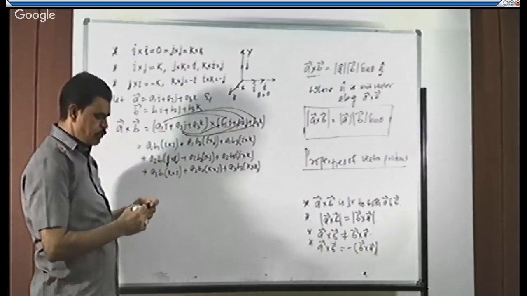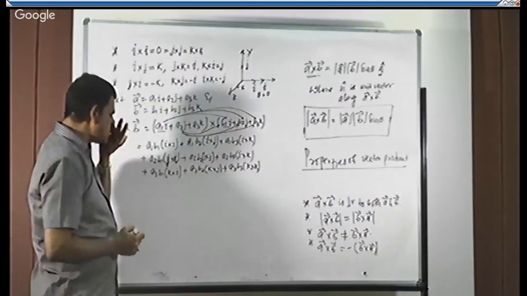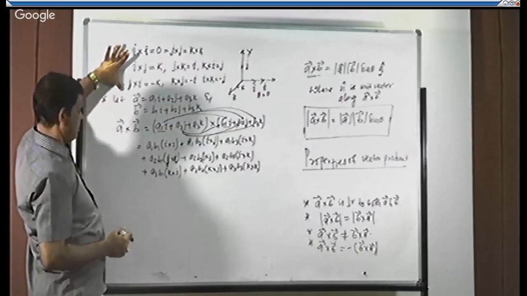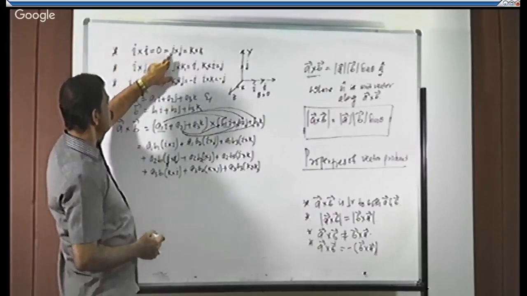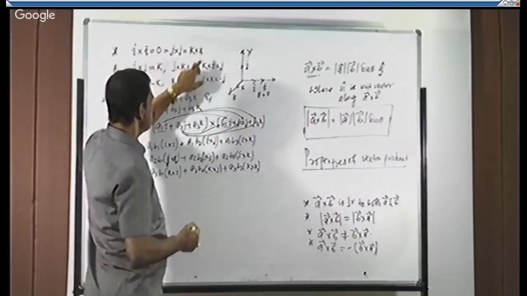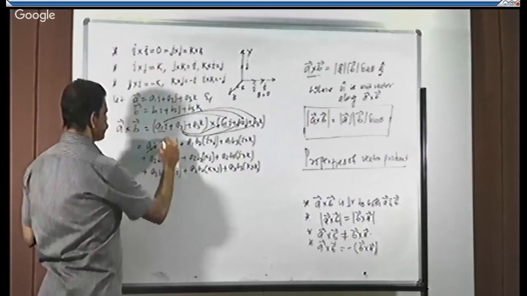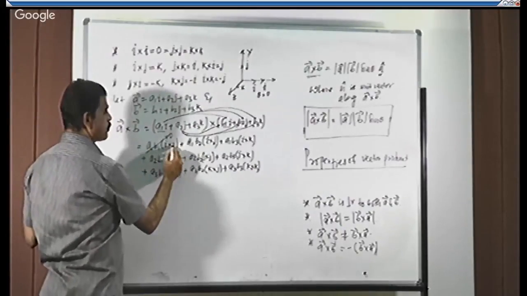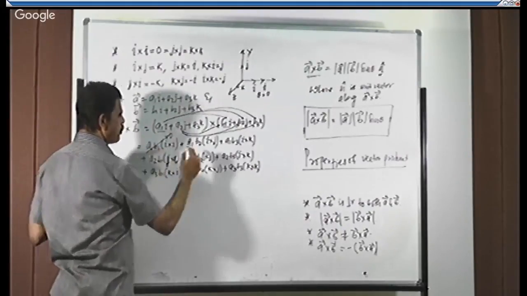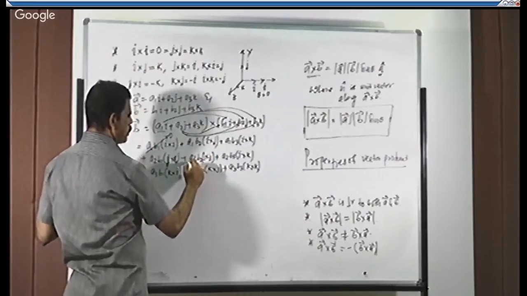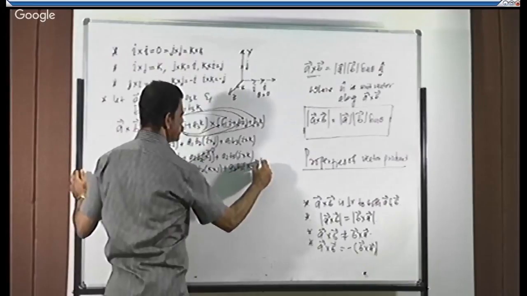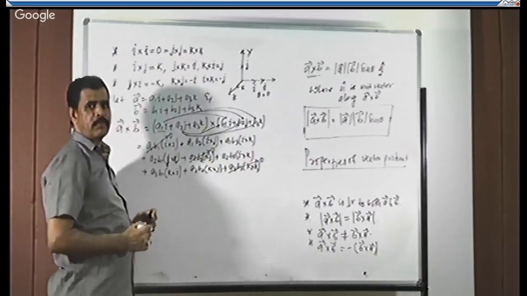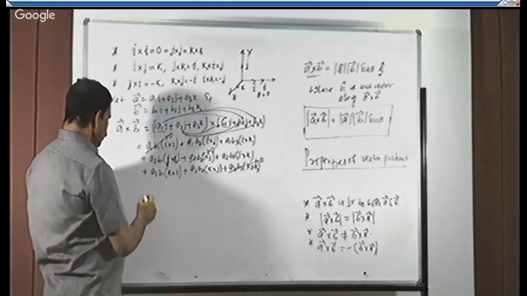This is multiplication, right? Next, using these properties, just simplify it. I cross I is 0, J cross J is 0, K cross K is 0. That means this becomes 0. Similarly, J cross J is 0, K cross K is also 0. Three terms vanished. Okay.